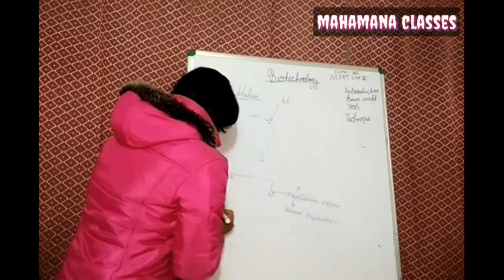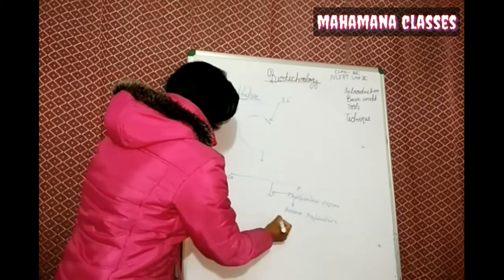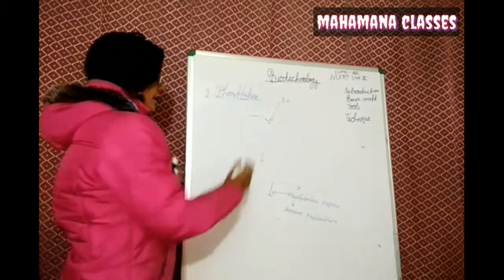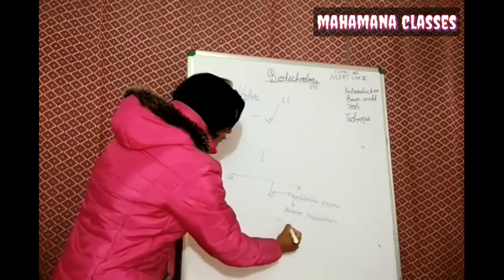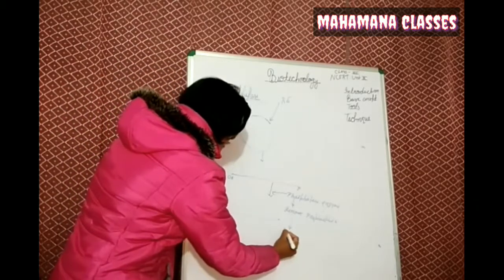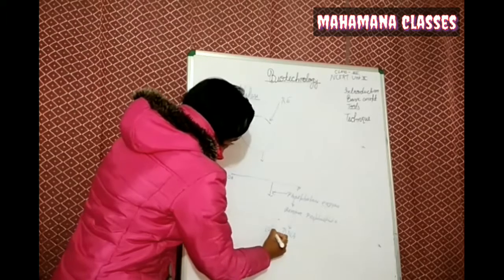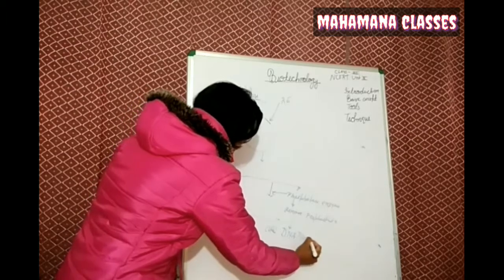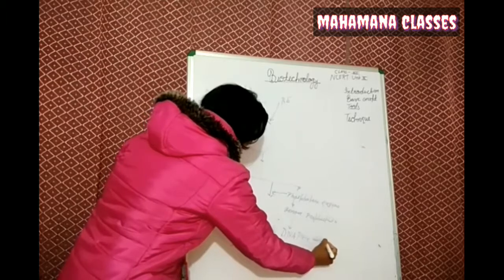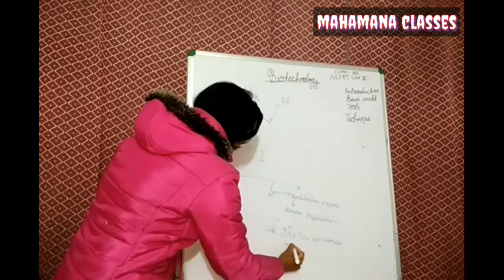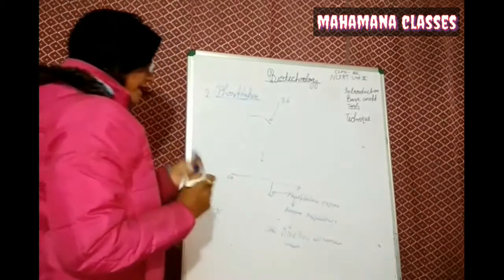So our DNA will become like this. Now it will remain linear. So with the help of this phosphatase enzyme, the cut DNA piece will remain linear so that we can work on it.